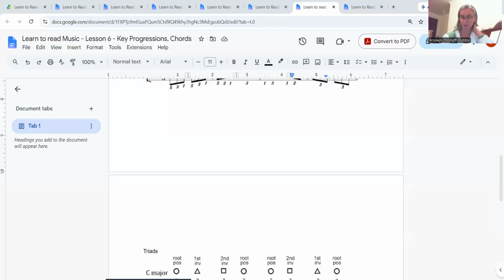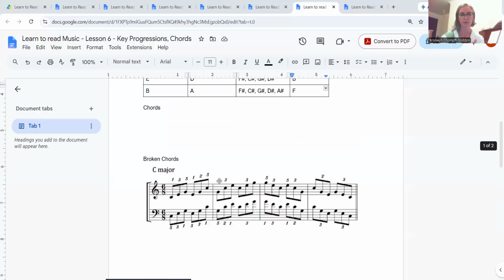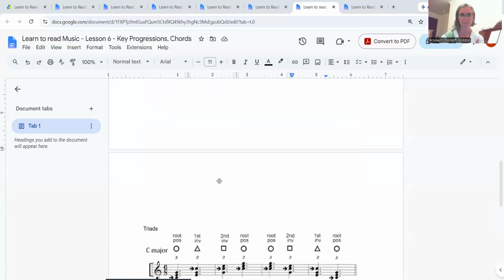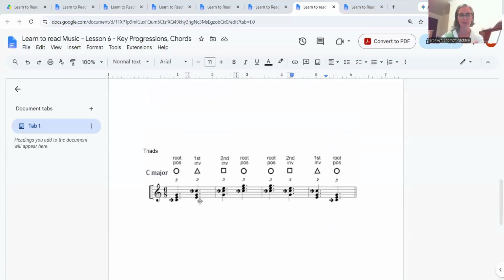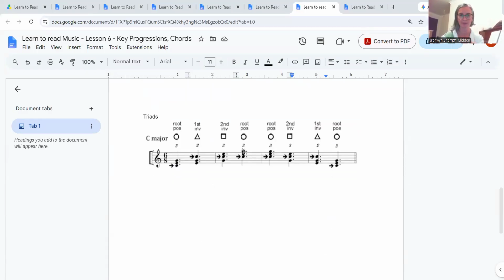So this is why we have this whole concept of, hang on, let me just share my screen again. This is why this is relevant, we've got chords, and when you're seeing that in music, it really helps to know what it is and what it means and why it's there.